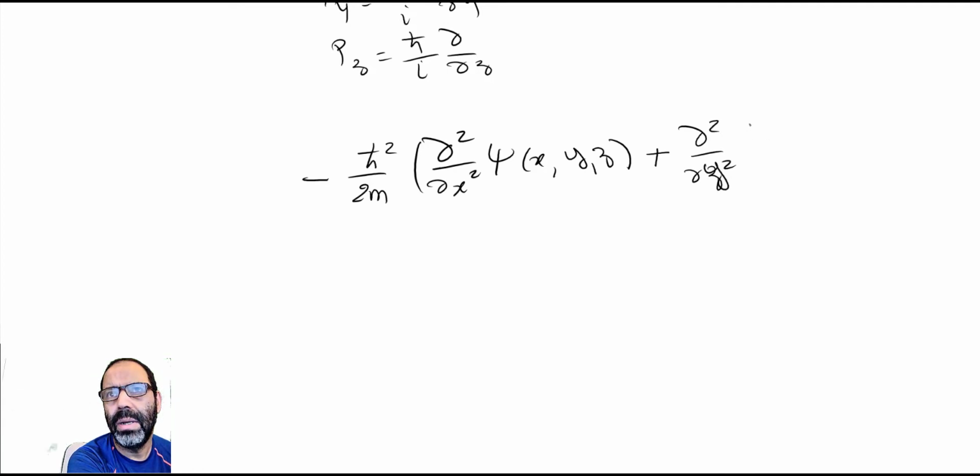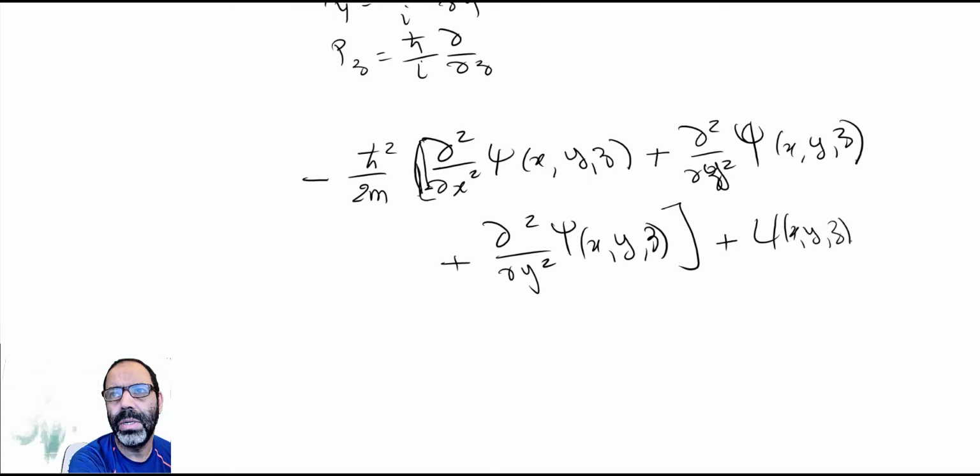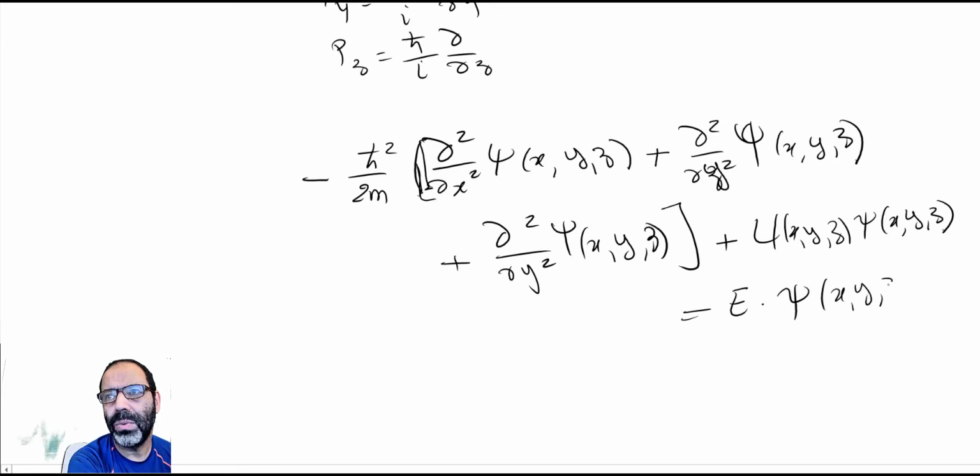So we're taking a generalization using what we learned already about the one-dimensional case. This whole thing is multiplied by negative h bar squared plus the potential energy, which may depend on all variables, times the function psi of x, y, and z, and this is equal to E times the function psi of x, y, and z.